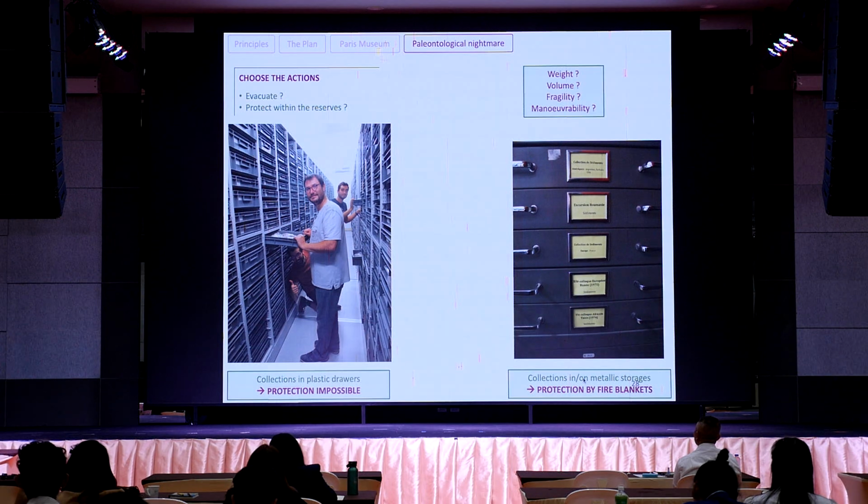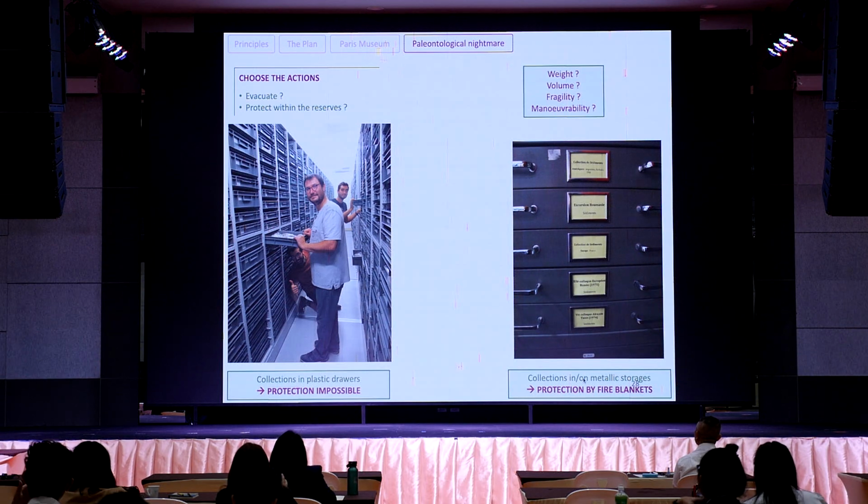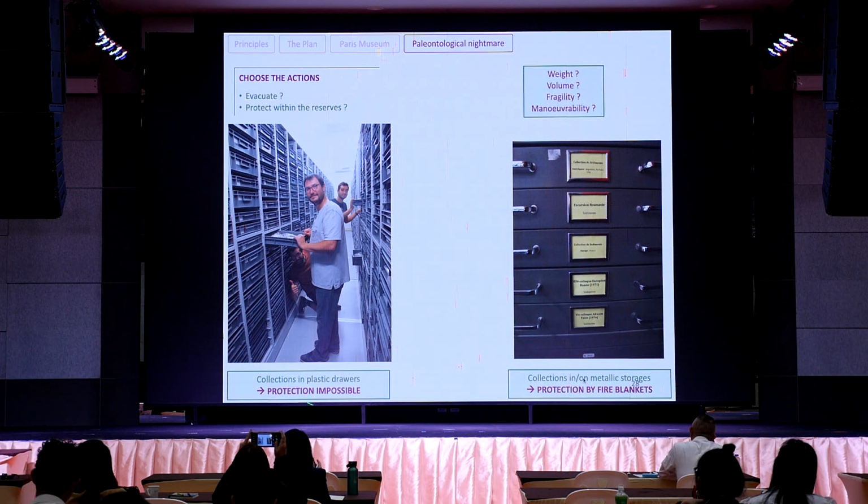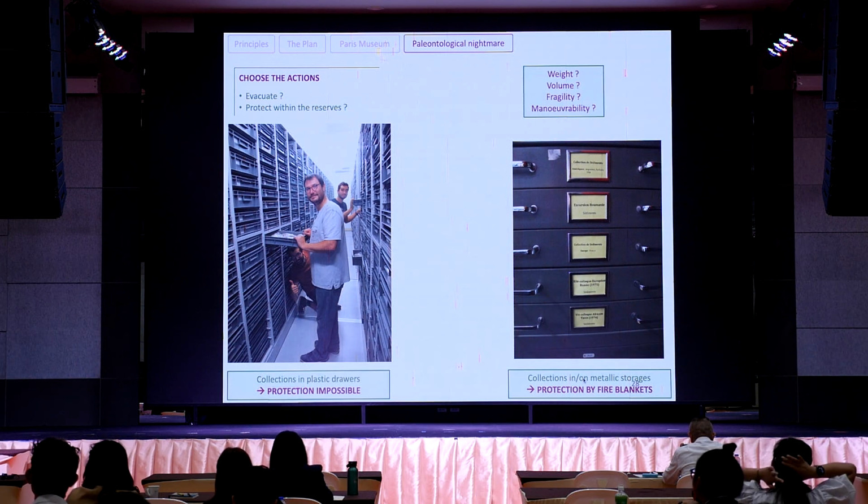And we have a specificity in the collection. If you remember the photos I showed you yesterday, we have actually two types of storage. The first here, remember this mobile furniture. Inside the mobile furniture, all the specimens are disposed into plastic drawers.